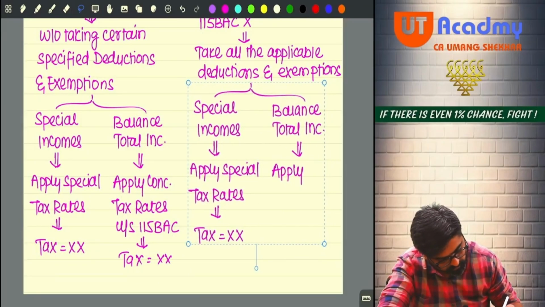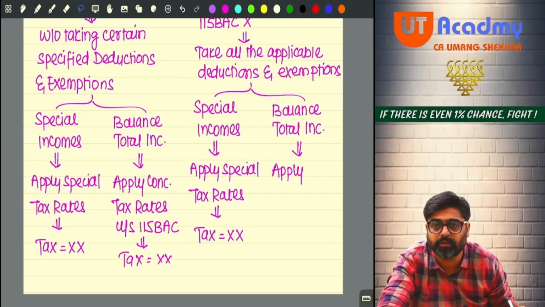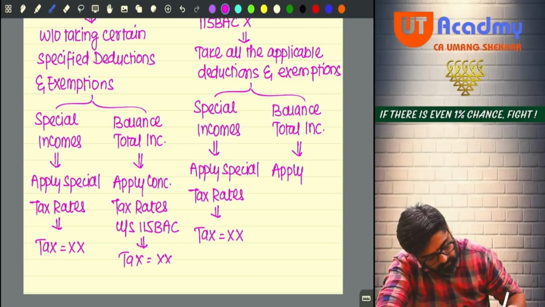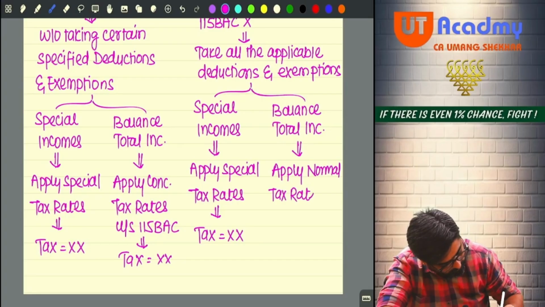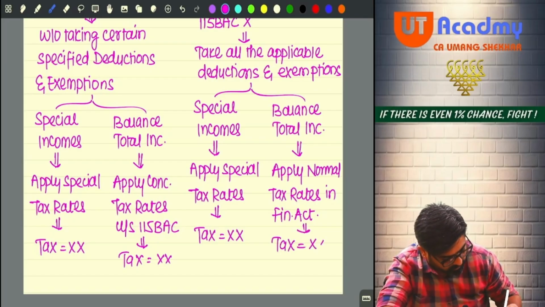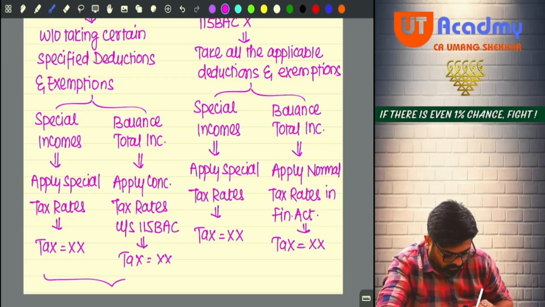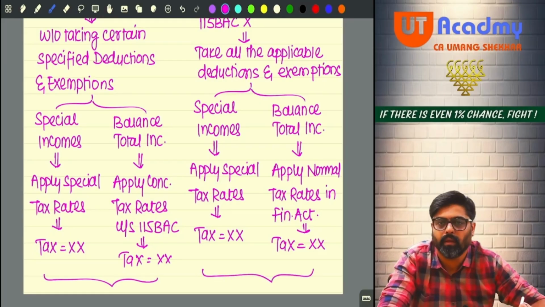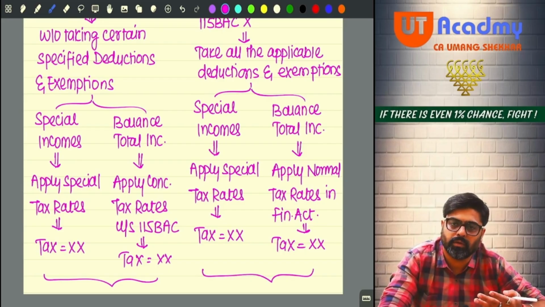On the special incomes, you will apply special rates, you will get a tax amount. And on the balance total income, you are going to apply normal tax rates which are given in the Annual Finance Act. Then you calculate a tax amount. This plus this plus this is tax on total income. We have been doing it like this so far.